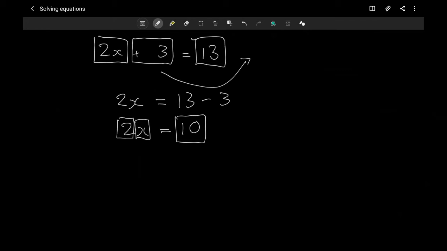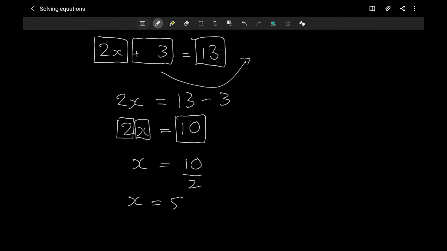So the left-hand side, you'd only have x left. The right-hand side, you have 10. And because you've moved a multiplication of 2 on the left-hand side to the right-hand side, the 2 becomes a division. So your final answer would be 10 divided by 2, which is 5.